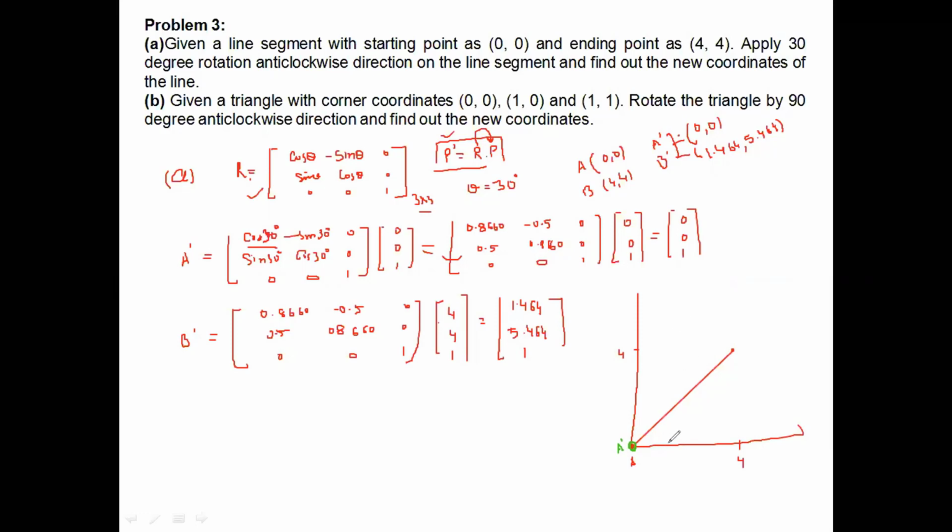Let's say this is 1 and this is 2, so 1.4 will lie somewhere here, and 5.4, let's say this is 5 and this is 6, will lie somewhere here.